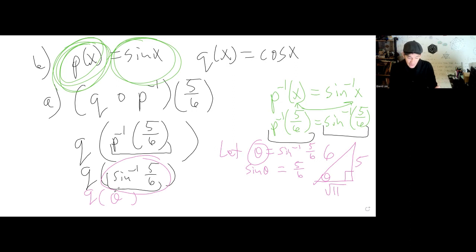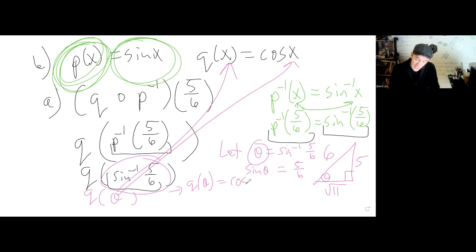The goal to finish is take theta and plug it into Q. So final answer, Q of theta would equal cosine of theta. Go to your triangle with theta and give me cosine from that position. Cosine would be adjacent over hypotenuse, which is your final answer.